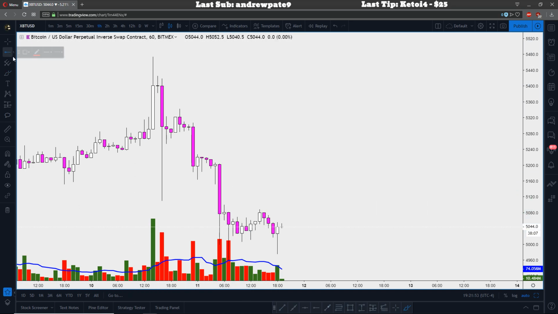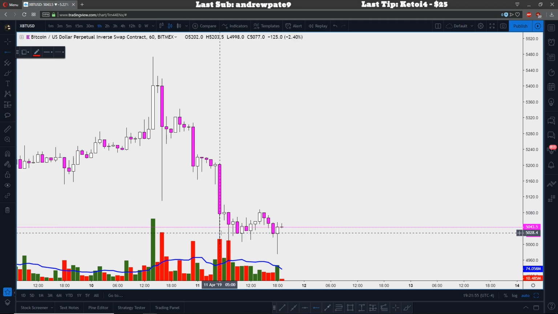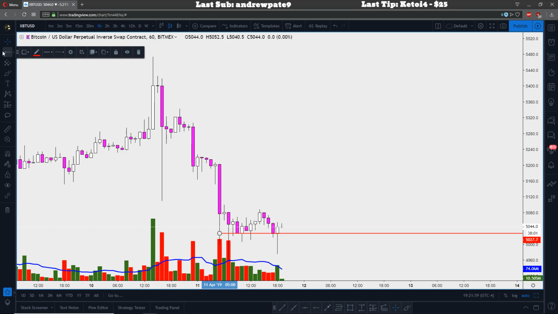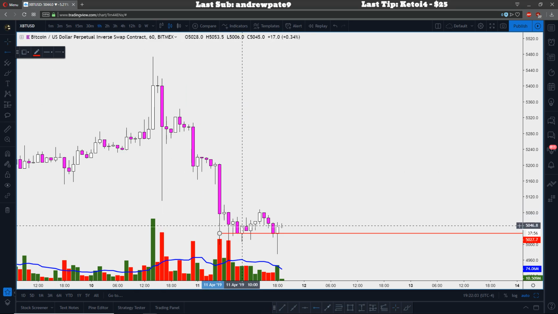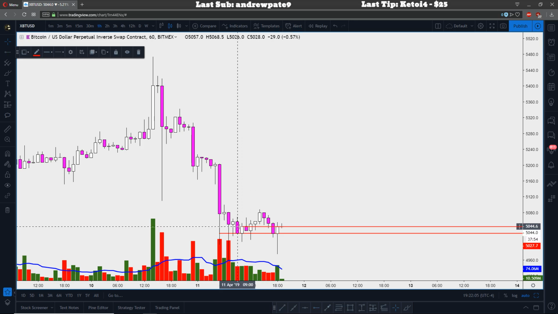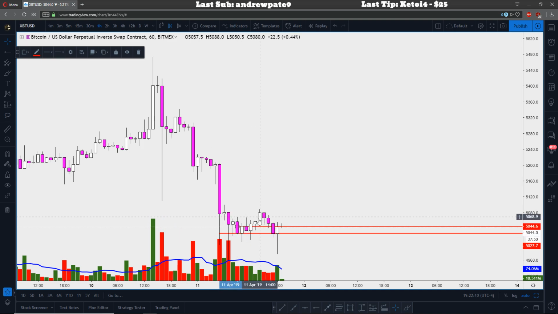So we're going to take the low of the pullback or the high of the pullback, which you could take this high here. That is before it started to break the range.